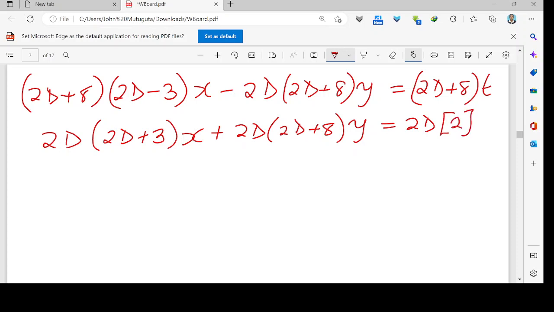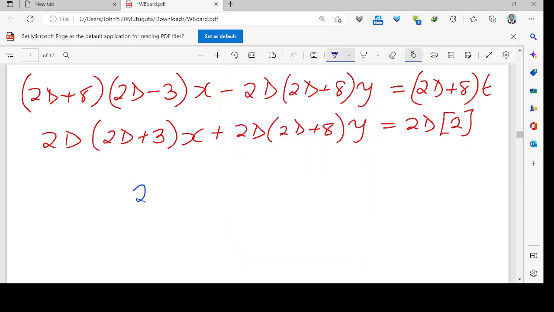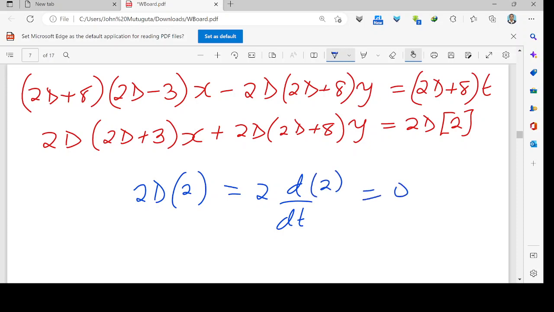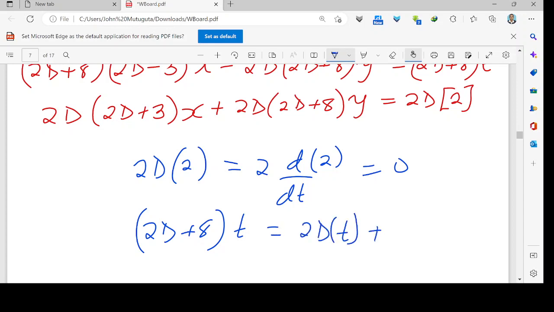Now, it is important to note that when we write 2d operating on 2, we mean 2 times the derivative with respect to t of 2, which is 0. And also, if we write 2d plus 8 operating on t, we mean 2d operating on t plus 8t.